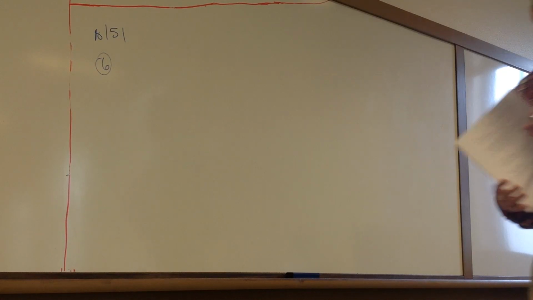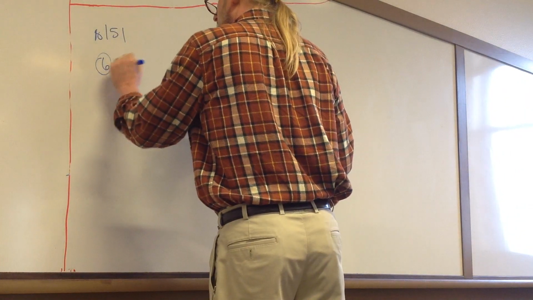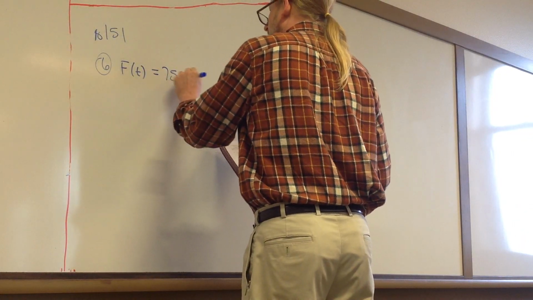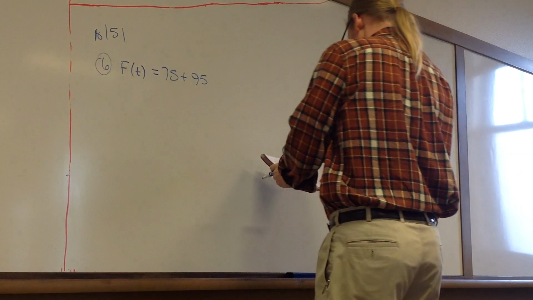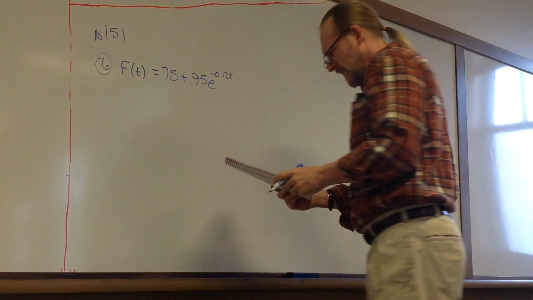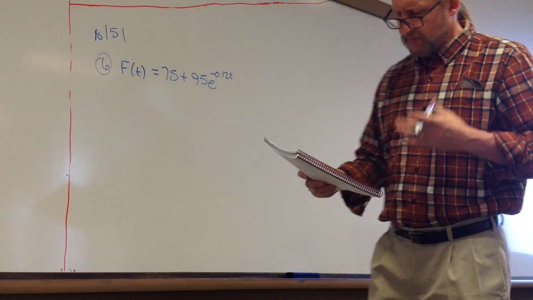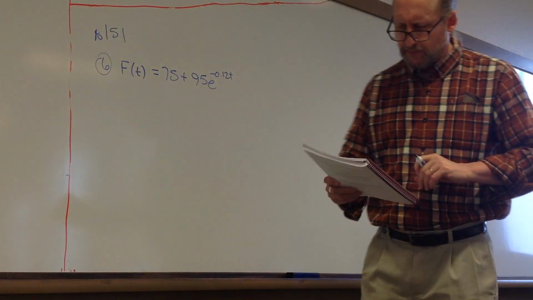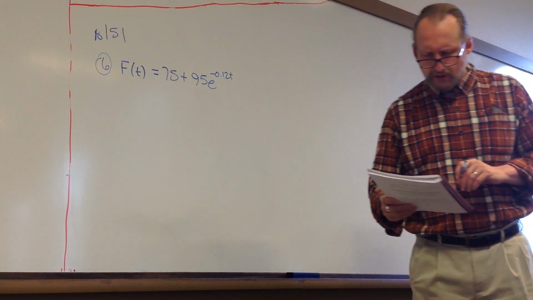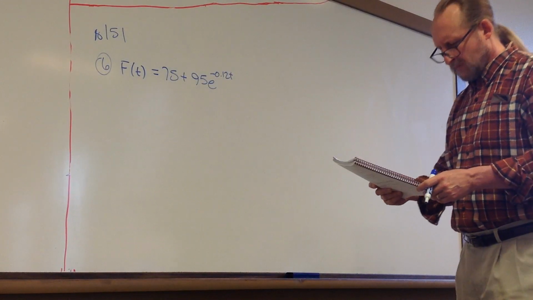This is the Newton's law of cooling, or a temperature model. And so here our y values are 75 plus 95 e to the minus 0.12 t. And this says soup at a temperature of 170 degrees Fahrenheit is poured into a bowl in a room that maintains a constant temperature. The temperature of the soup decreases according to this model.